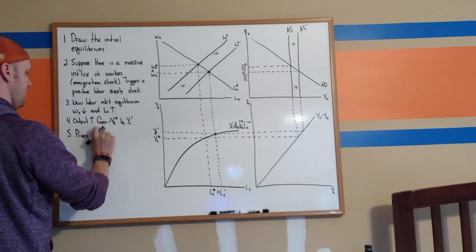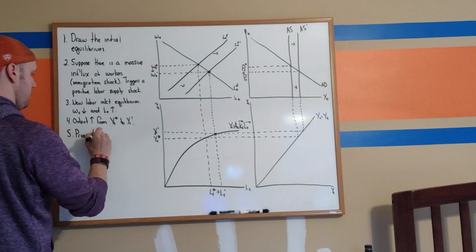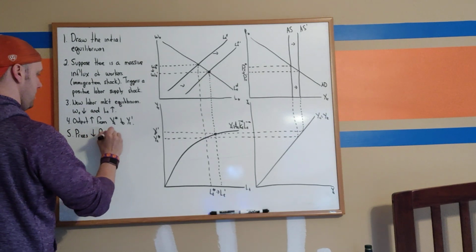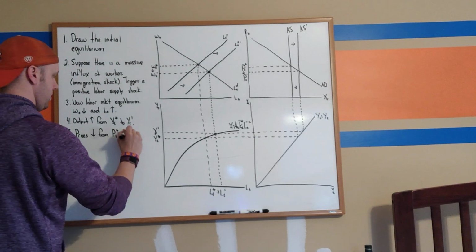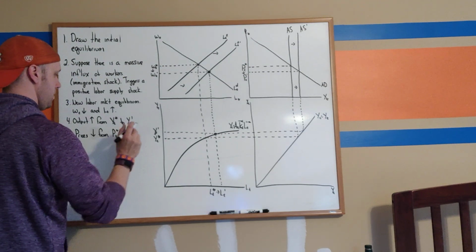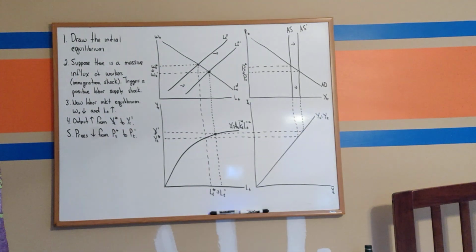Consistent notation. Like this. And this would be all that you would have to show for a positive labor supply shock.